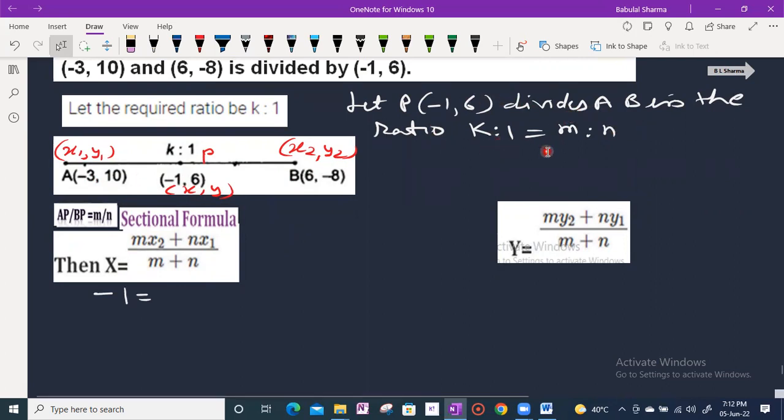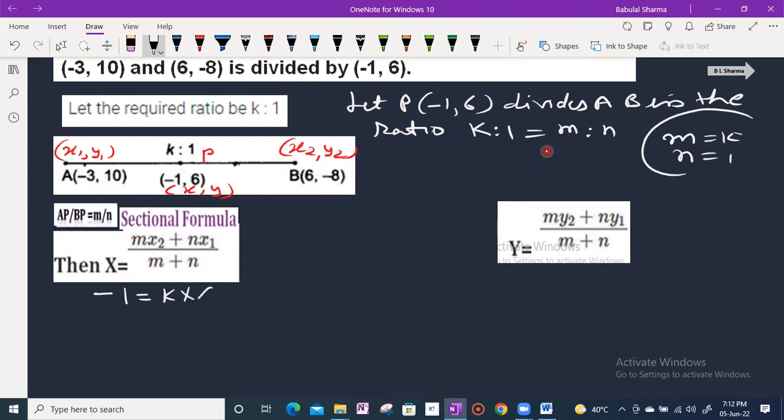In place of m you take k, and in place of n you take 1. So m is equal to k, x2 is 6, n is 1, x1 is -3, upon k plus 1.